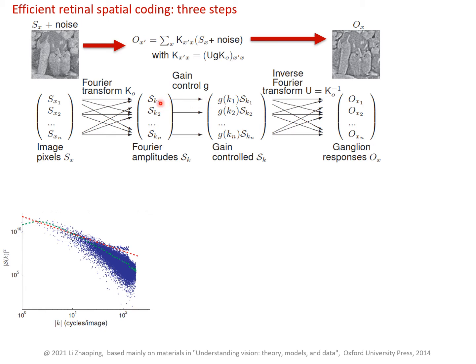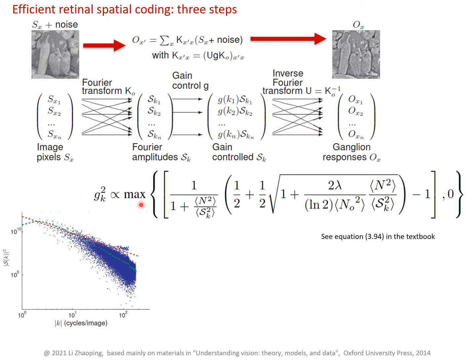For each Fourier component, you add a gain to it, and this gain value, let's recall, is according to this formula. In particular, it depends on the signal to noise in each Fourier component. So when signal to noise is high, this gain is stronger for weaker signals. This is for whitening.